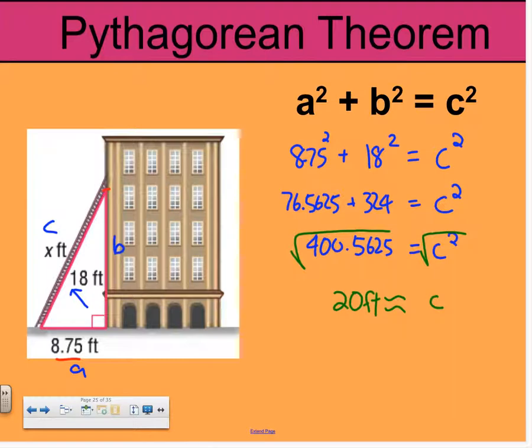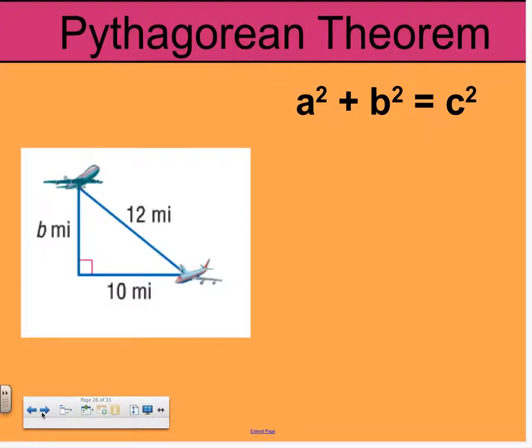All right, let's look at another one. In this scenario, we have two airplanes, and we want to know how far away they are from each other, or how much higher one is than the other one. So what we can do is make a right triangle between the two airplanes.